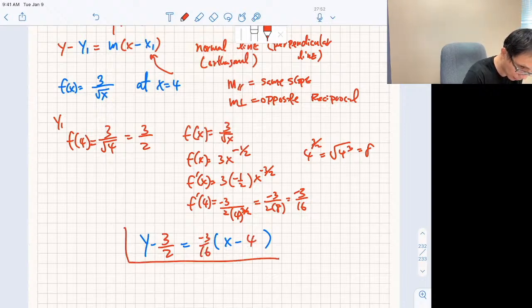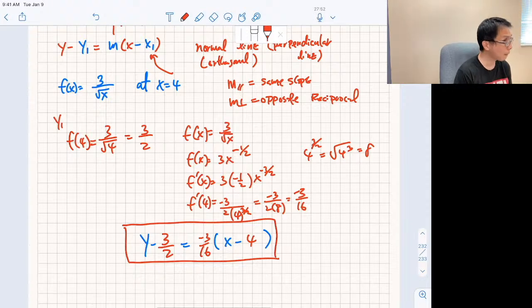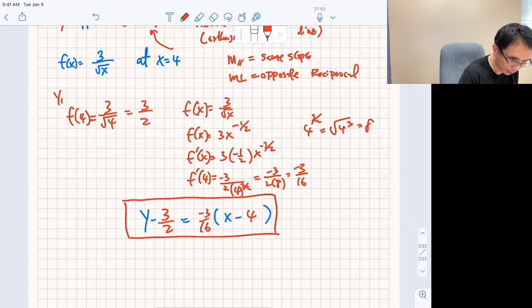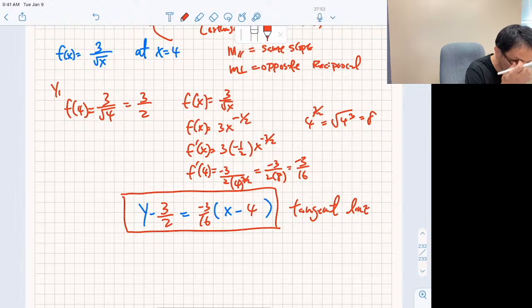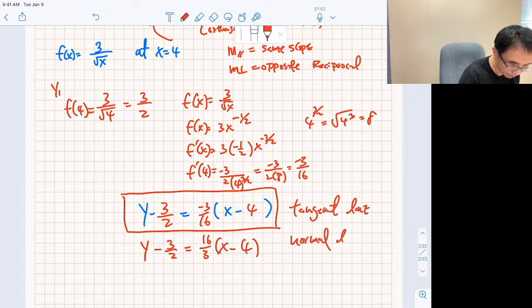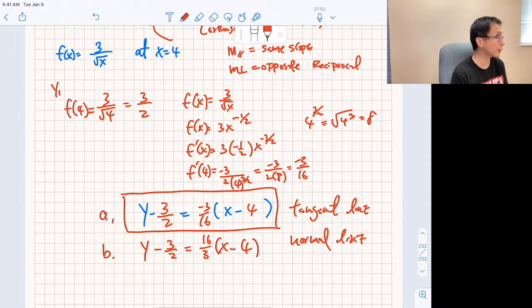So that's the equation of the tangent line. I will do the normal line as well: y minus 3 over 2 equal to 16 over 3 times x minus 4, because of the opposite reciprocal. So this is the normal line. This will be A, this is B. So I found the tangent line and the normal line.